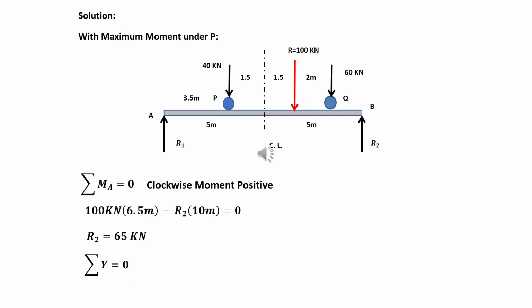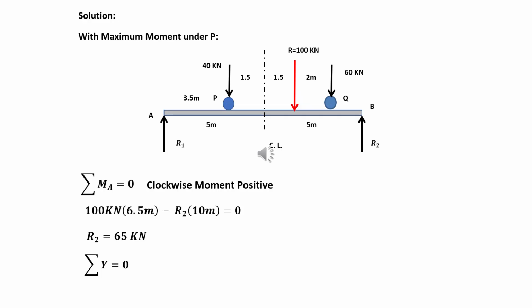And now let us have the summation of all vertical forces equal to 0. Considering R sub 1 and R sub 2 as reaction forces, both of them are upward in direction. That only shows that the sign convention that we're going to use for these reactions is positive.